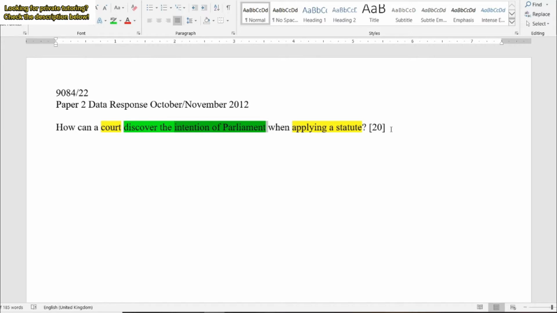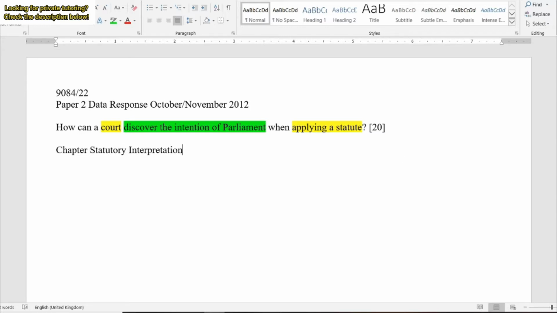If you understand the chapter statutory interpretation, you will know that the chapter is actually broken down into two major parts. I'm going to type it out here, and later I'll send it to you all, no worry.